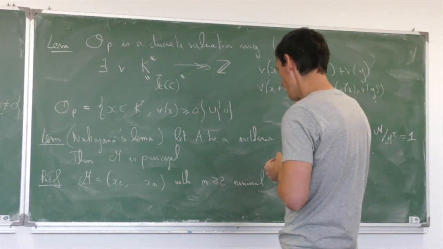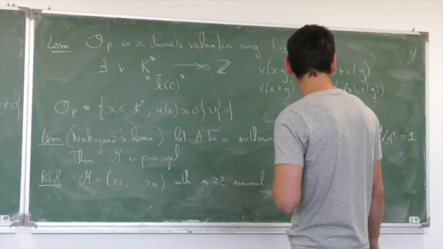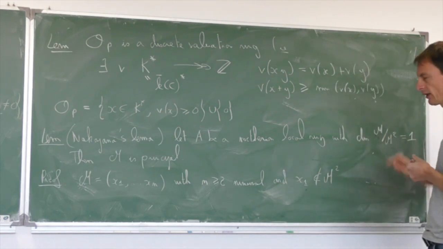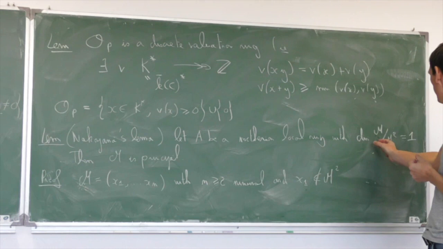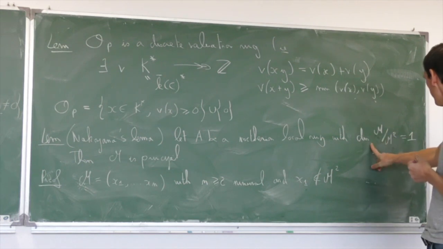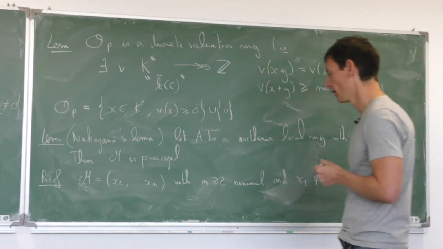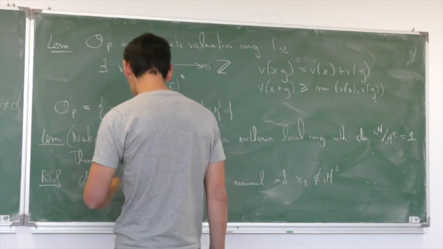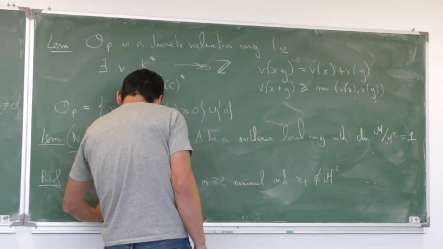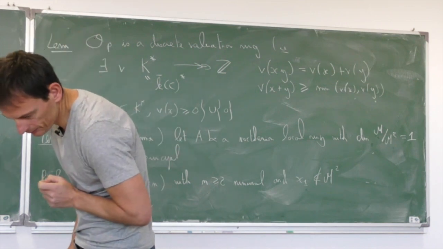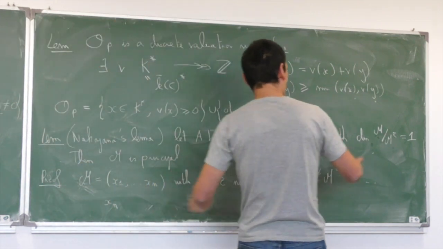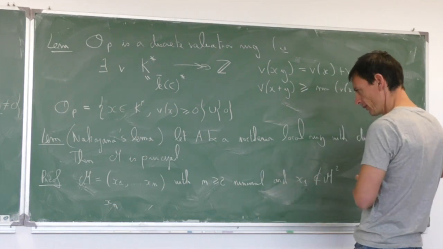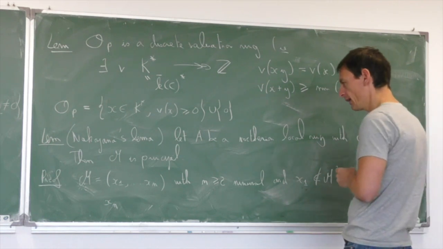Okay, so what can I do now? Now I know that x1 is going to generate M over M squared as a K vector space, where K is A divided by M, because the dimension is 1. So what I can do is look at xn. xn is in M, and so I can express it as a multiple of x1 plus an element inside M squared.